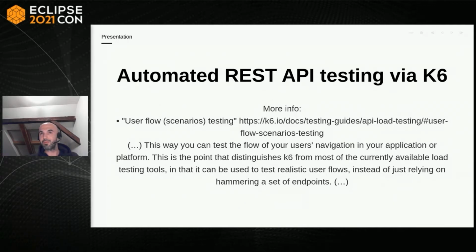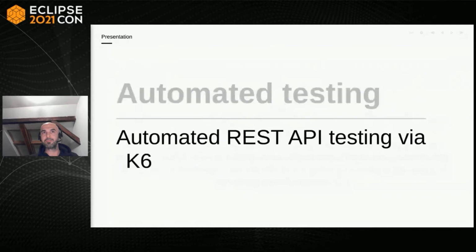This is the point that distinguishes K6 from most of the currently available load testing tools. Meaning utilizing K6, you can test realistic user flows and not just rely on hammering a set of endpoints, which the most trivial tests can do, but it doesn't really test the actual behavior of users in your application.